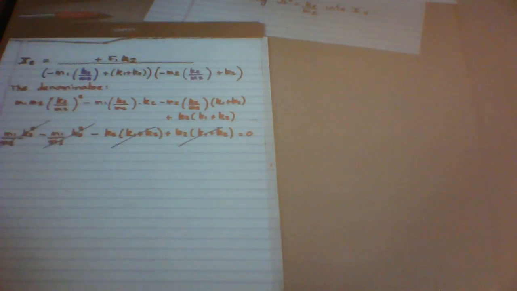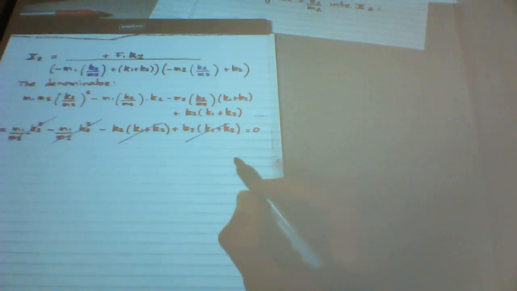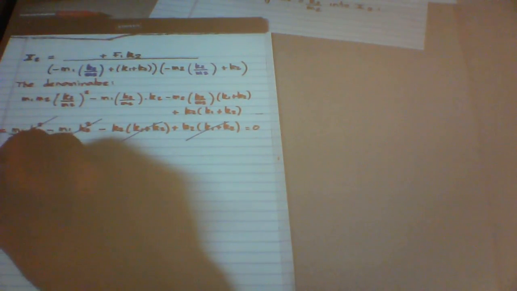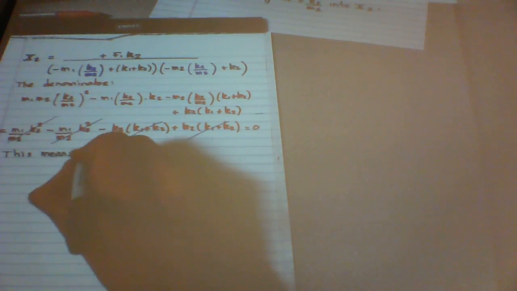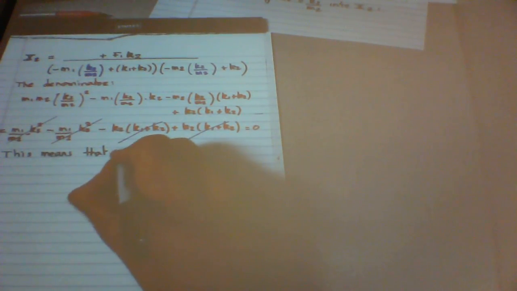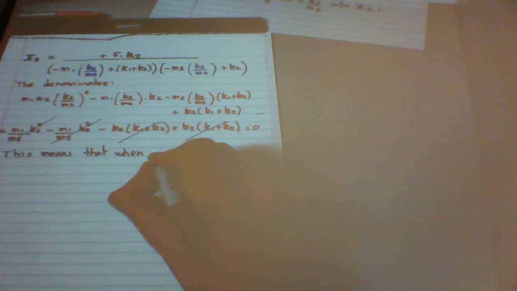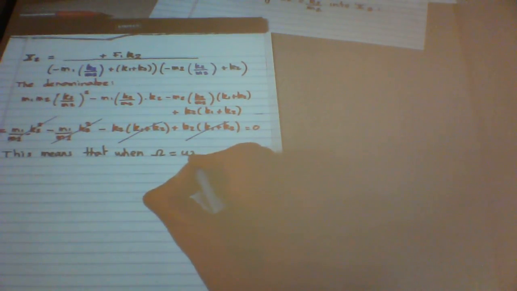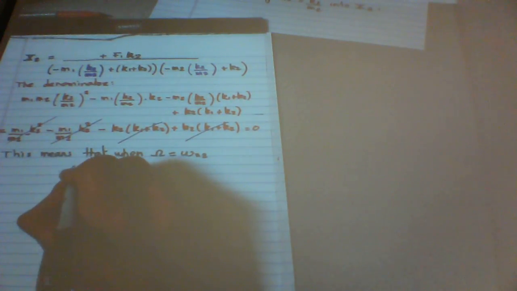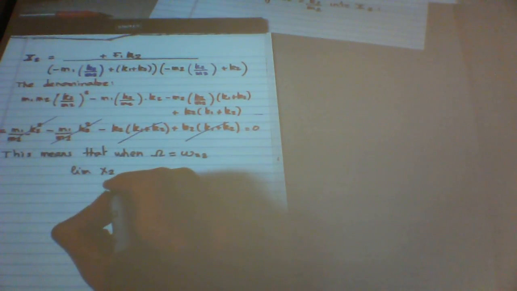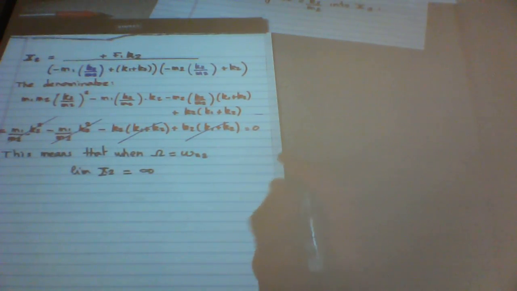What can we do? So this means that when capital omega equals omega 2, we have that the limit of x2 will be infinity, no?